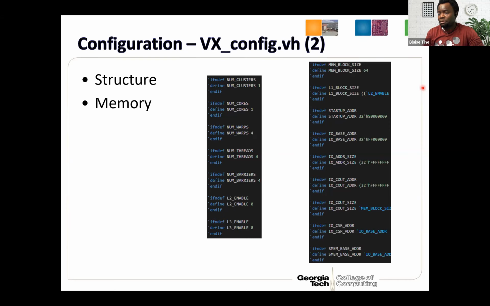In the memory section, you can change the memory block size, the L1 block size, the startup address of the program, and the IO base address, which is the standard base address. Even the CSR locations can be changed in the configuration file.